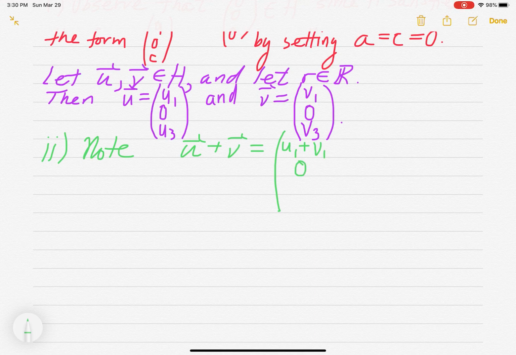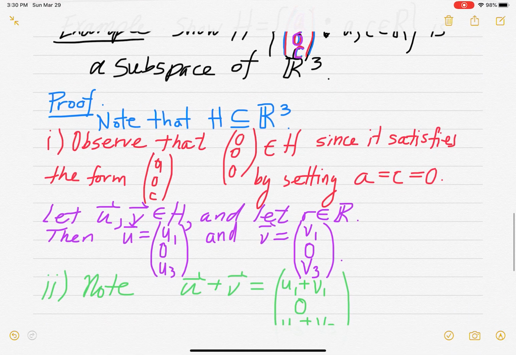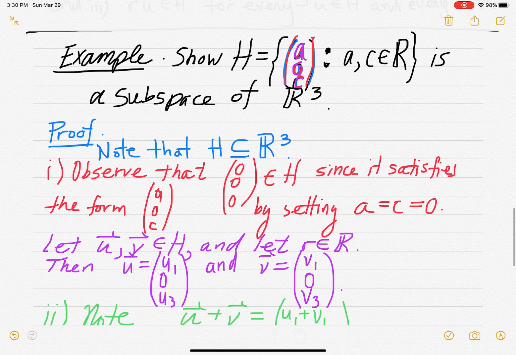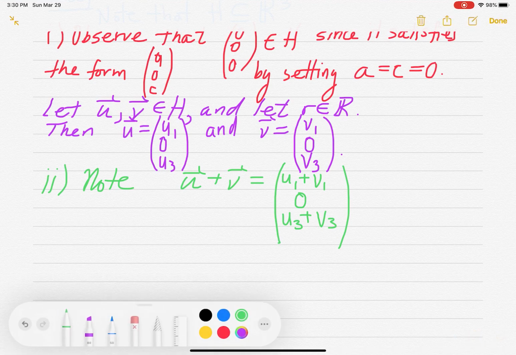And our third entry is U3 plus V3. All right, so we've added our two vectors. The question is, is this resultant vector, U1 plus V1, 0, U3 plus V3, in H? Well, yeah. H is just things of the form arbitrary entry, 0, and then an arbitrary entry. And that's what we have here. U1 plus V1 is an arbitrary entry, 0 is our middle entry, and our third entry is an arbitrary entry, U3 plus V3. So this is an element of H.